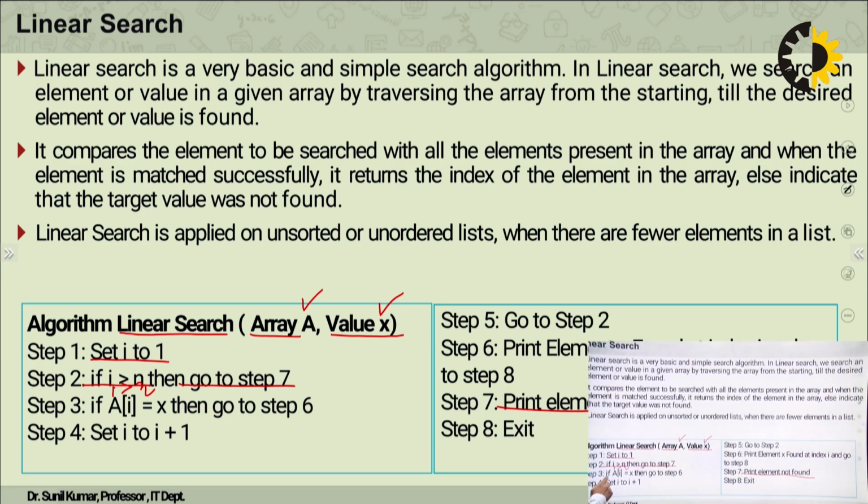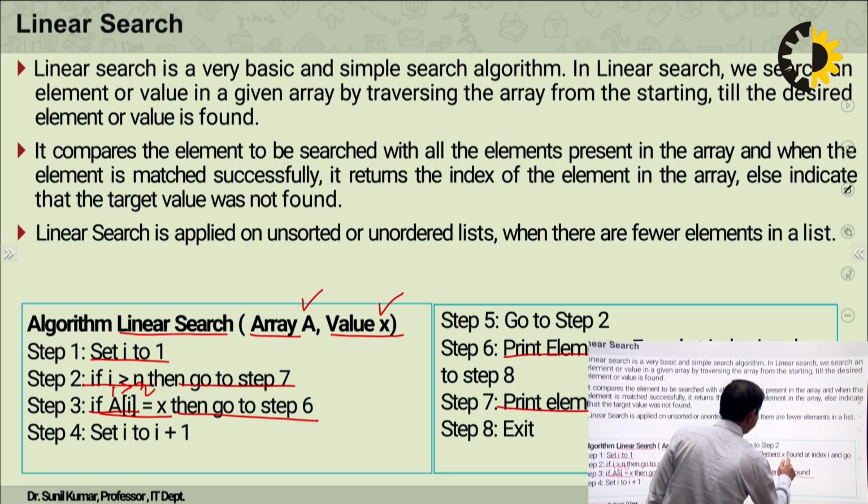What will be step 3? If I varies from 1 to n, then whatever value is I, if array element at I is equal to x, that means there is a match, then we have to go to step 6. What is step 6?